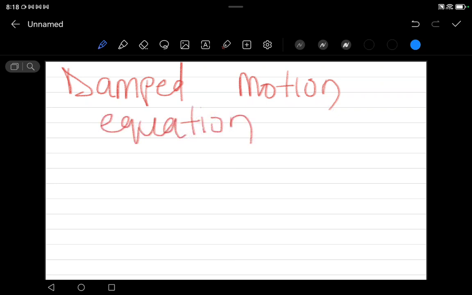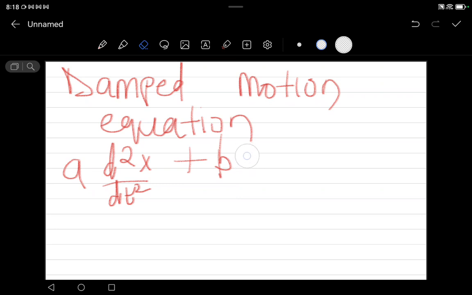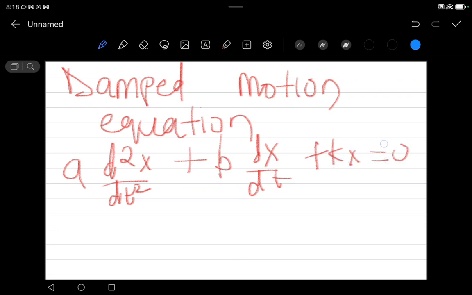Okay, so the damped equation is going to be m d squared x over dt squared plus b dx over dt plus kx equals 0.